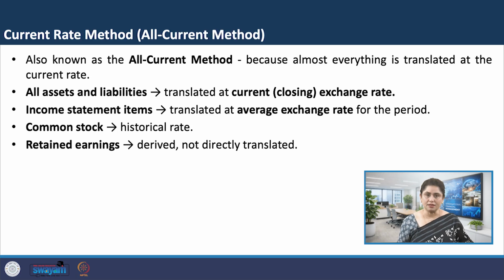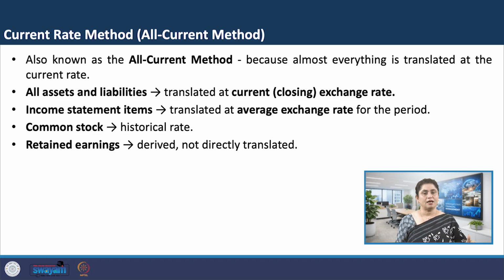The second method is the current rate method, also known as the all current method, and it is the simplest and most widely used internationally today. The logic is the most straightforward of all four methods. Almost everything is translated at the current closing rate.